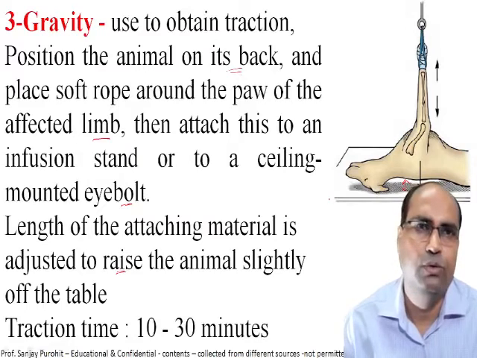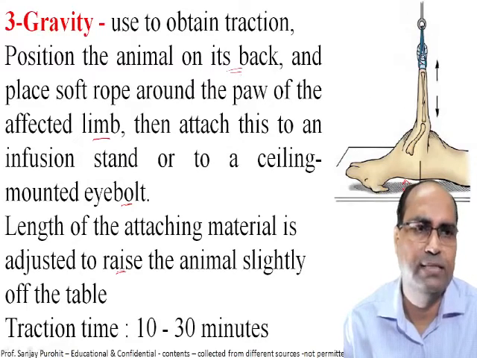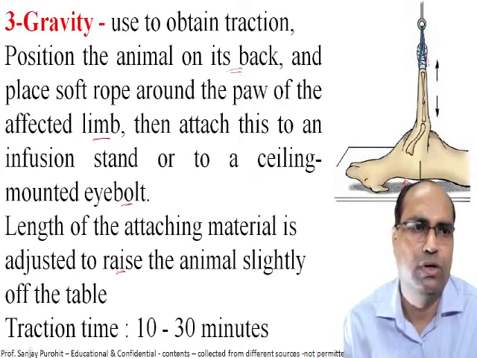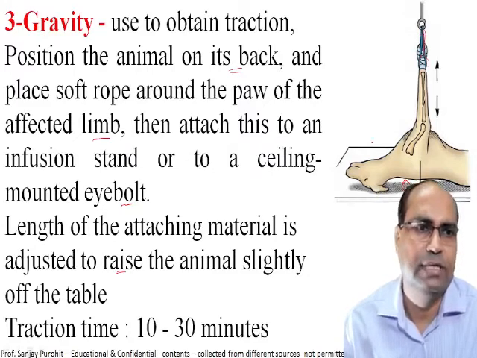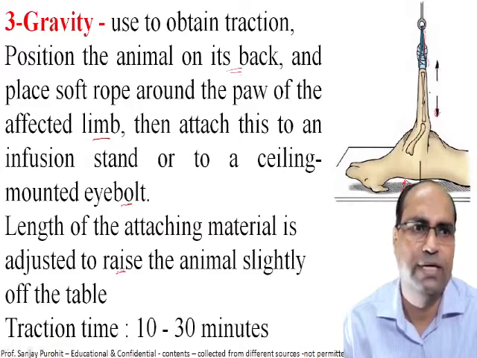Traction time is 10 to 30 minutes. In this, one rope is placed around the fetlock of the paw and anchored to the ceiling eye bolt and lifted slightly from the table, and due to gravity and the weight of the animal, these traction forces are generated. This helps in reduction of this fracture segment.